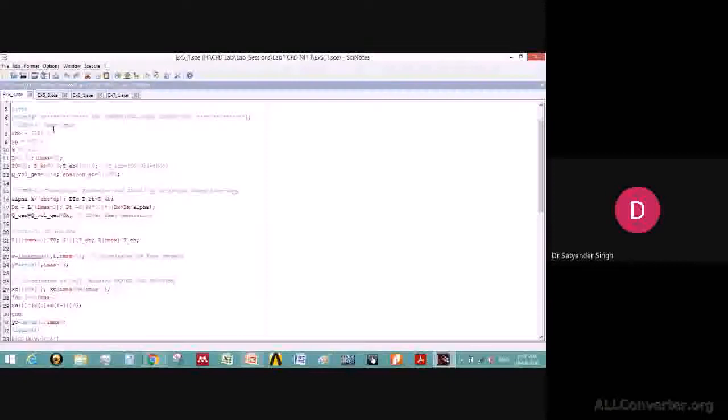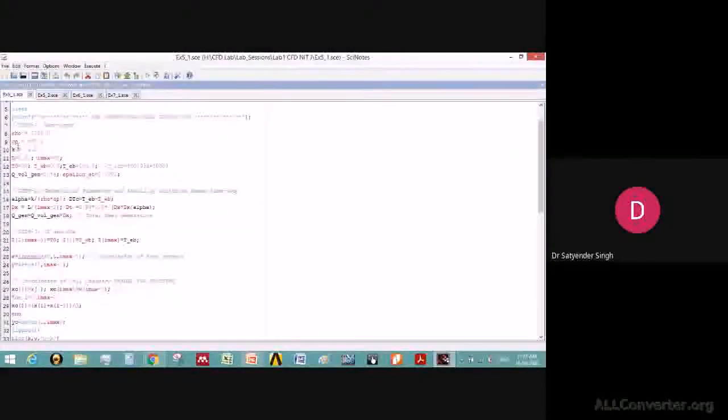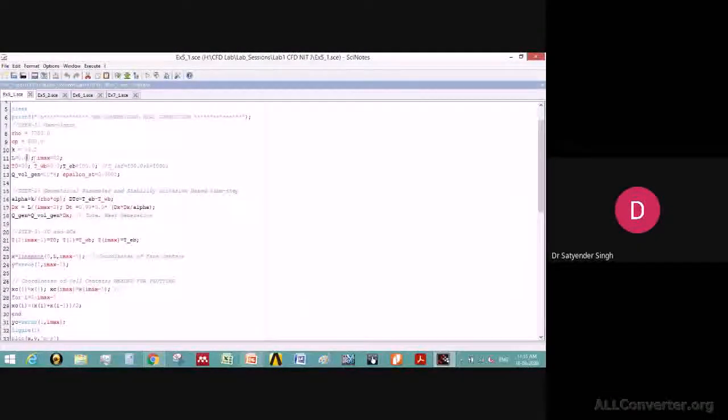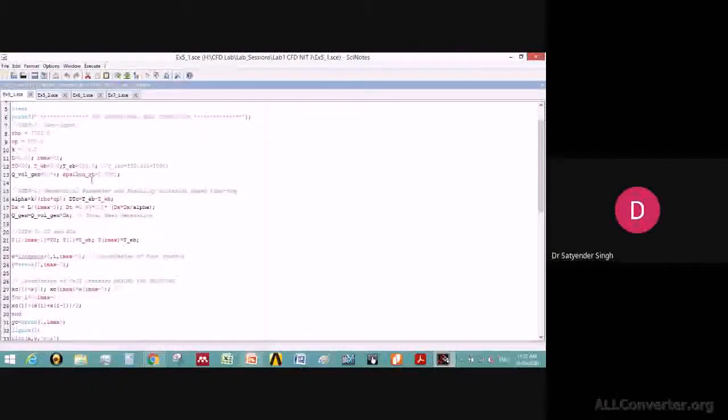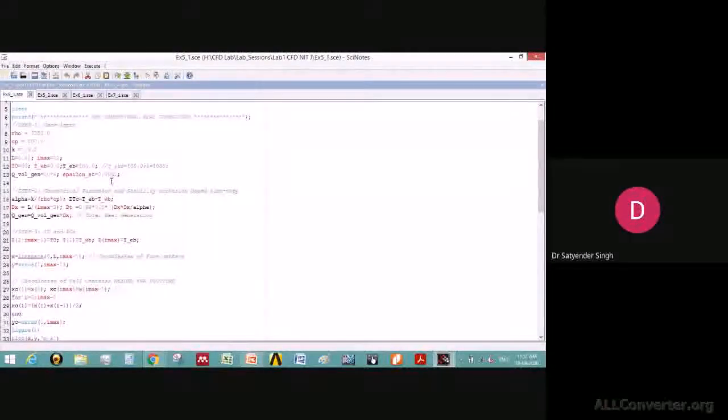So first we are giving the user input information: rho, CP, K, and L will be the length here, and the maximum number of grids, like 12, in the x direction. It is one dimension, so we only have to give the grids in the x direction. The volumetric heat generation we are taking, and the error we are taking as 10 to the power minus 3, minus 4.